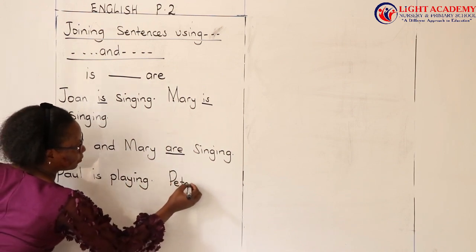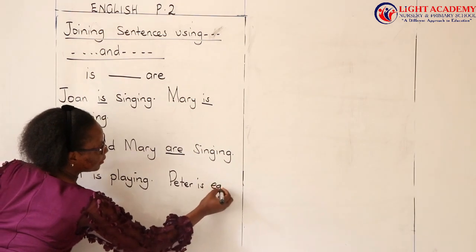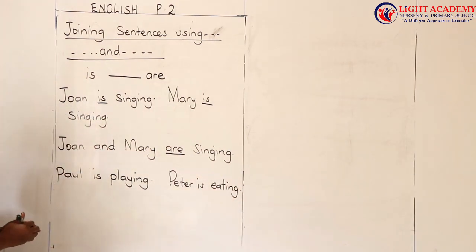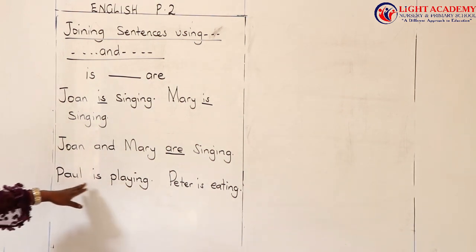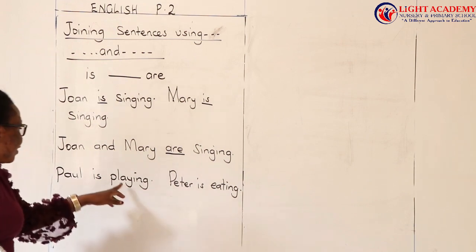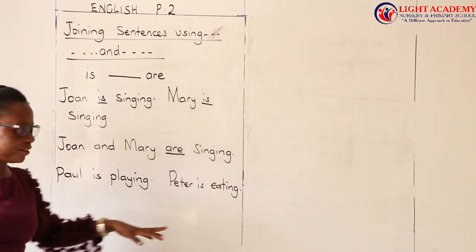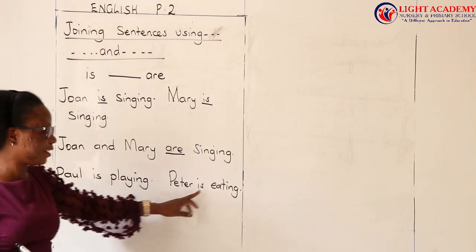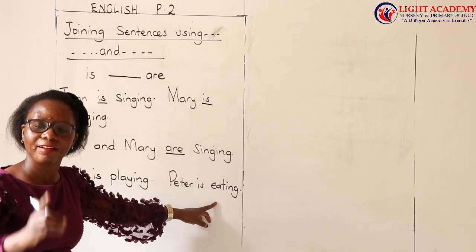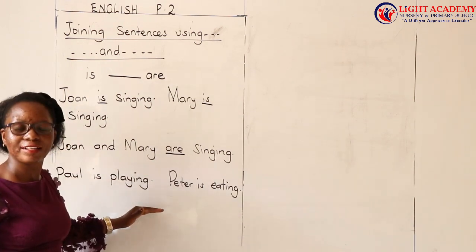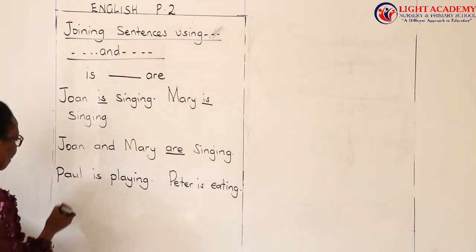Peter is eating. Paul is playing, Peter is eating. These activities are different. Paul is playing, this is one activity. Peter is eating, this is another activity. So when you are told to join these sentences, let us see what happens.